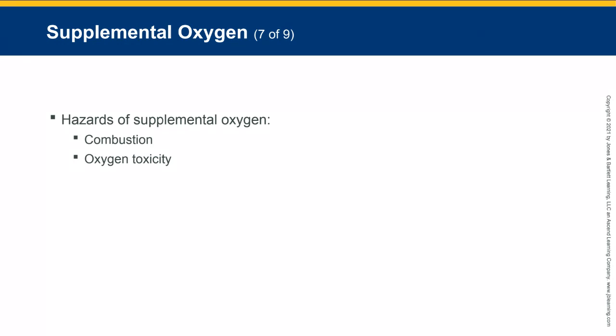Too much oxygen can also cause vasoconstriction for a patient with a suspected MI. So it can lead to coronary vasoconstriction, which is not good for a patient that has a myocardial infarction. It can also lead to cerebral vasoconstriction for a patient who has a stroke. So with these patients, if oxygen is not required, don't give it.